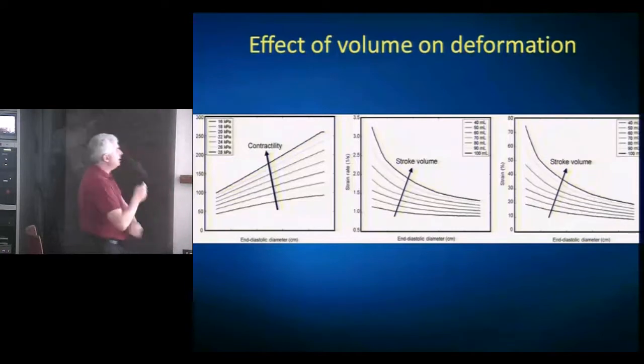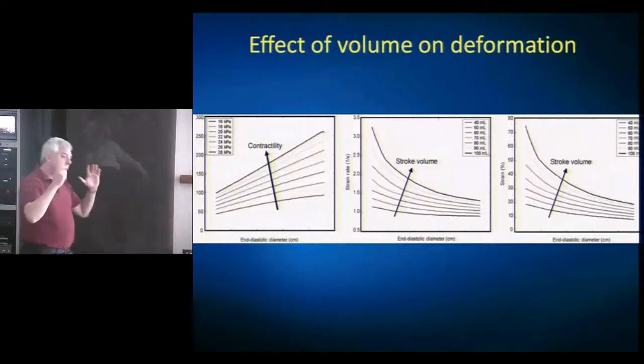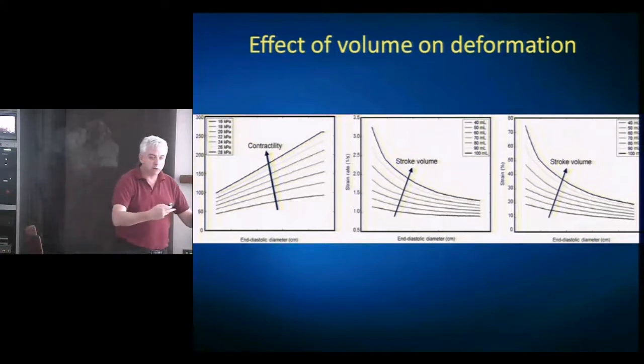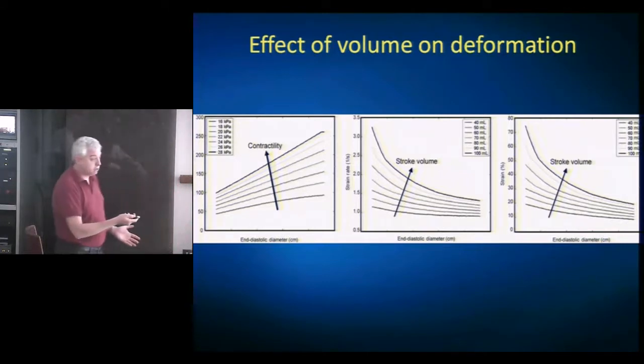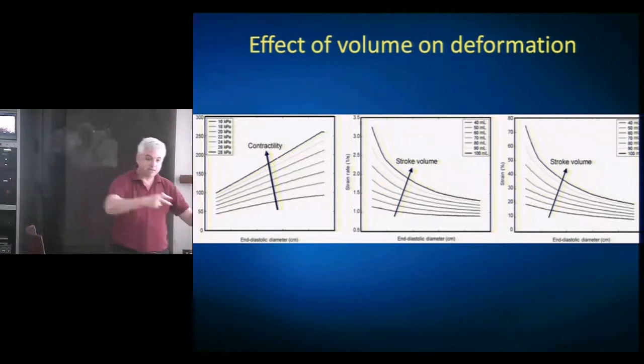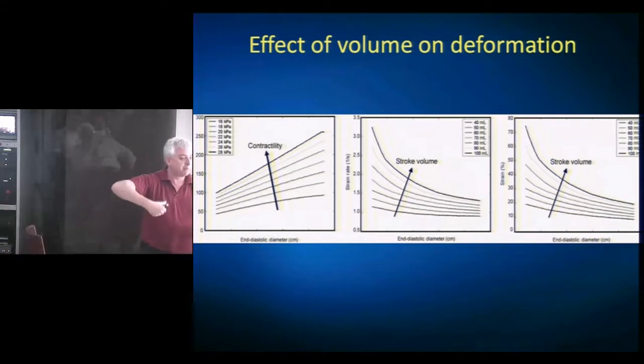I've shown you this at least twice, because as the mitral regurgitation happens, we said that the ventricle initially will do two things. It will dilate and will increase contractility if it can. And why does it do that? It does that to keep the stroke volume, because it wants to supply blood to the body. It's now that same left ventricle has to pump blood back into the left atrium, because it's mitral regurgitation.